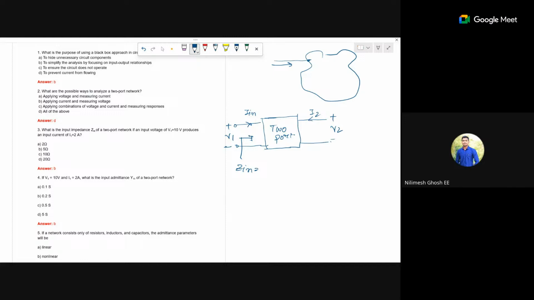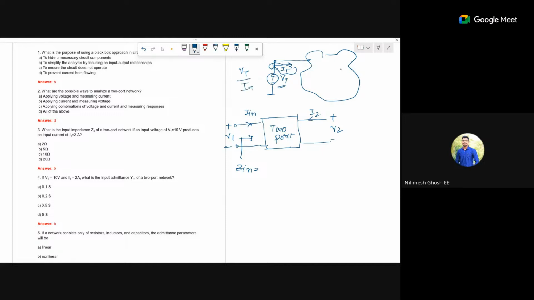So the generic rule is, if you want to calculate the impedance, you have to apply a test voltage there, Vt, and measure the current It flowing from the test voltage you applied, and divide the test voltage by the test current.